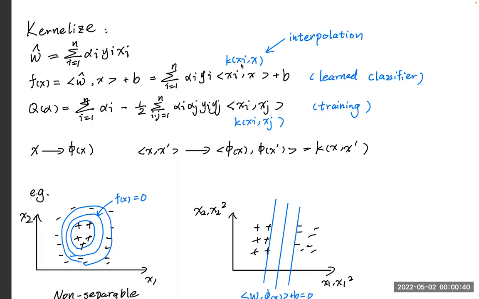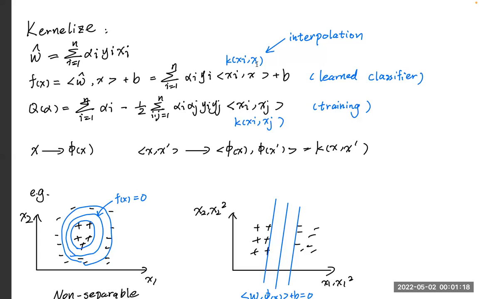You compare x to those 1,000 training examples, and then you sum over alpha i and k xi x and those yi. You interpolate those yi by alpha i. That is how influential this example is in determining this vector w, which actually means whether it is on the boundary, right? Because only those examples on the boundary have a say on determining this w, and then how close this xi is to this query x that we want to classify.